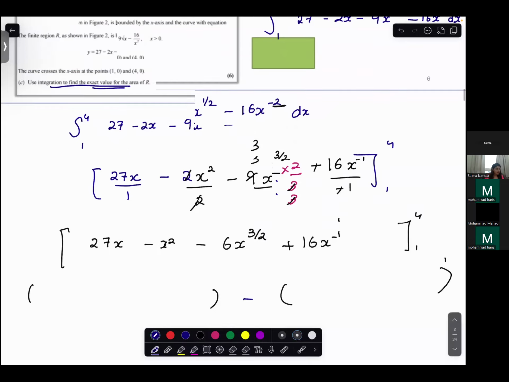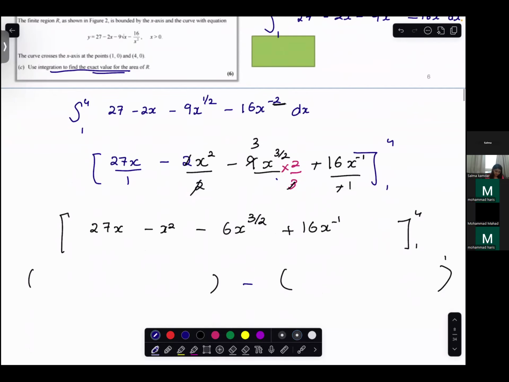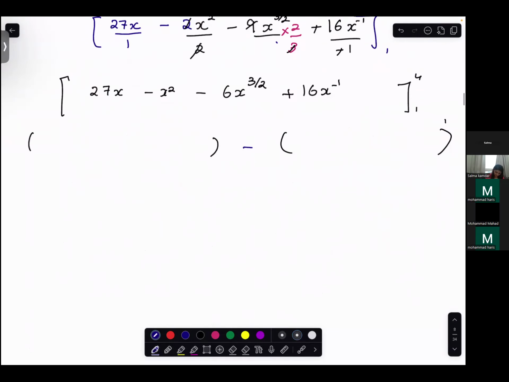Come on. Our bounds are 4 and 1 only, right? Let's do it. It would be 27 into 4 minus 4 the whole square, minus 6 into 4 raised to 3 by 2, plus 16 into 4 raised to minus 1.